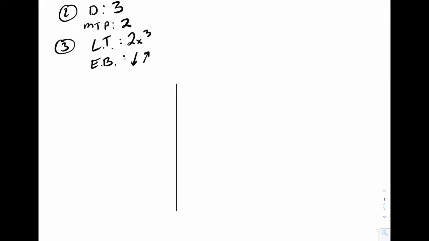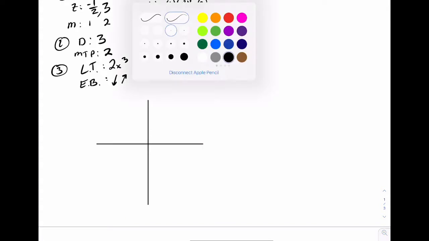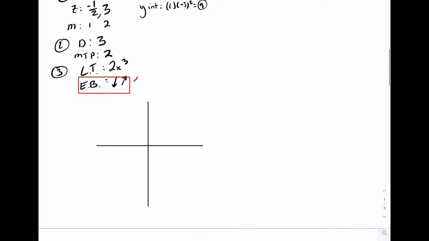So we can make our XY axis like this. And the key is where to start. Now what I want to do for you is highlight this. I know it's kind of counterintuitive, but this is actually where you want to start. You always start with your end behavior.